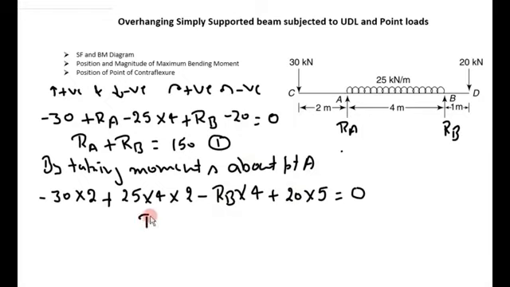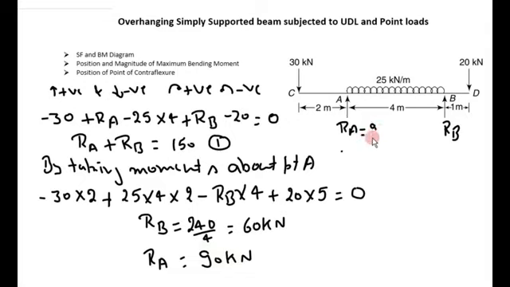From this we can calculate the value of RB: 240 by 4, that is 60 kilonewton. Put the value of RB in equation number 1, so RA comes out as 90 kilonewton. Now RA is 90 kilonewton and RB is 60 kilonewton.